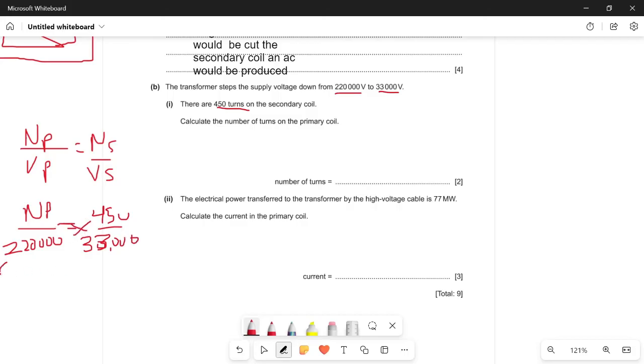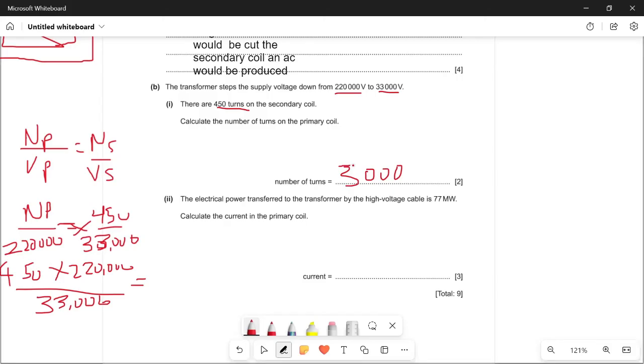So it's going to be 450 times 220,000 over 33,000. So that would ultimately give us 3,000 as the number of turns. So the number of turns in the primary coil is going to be 3,000.